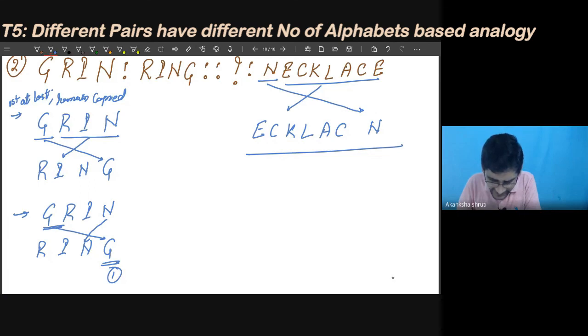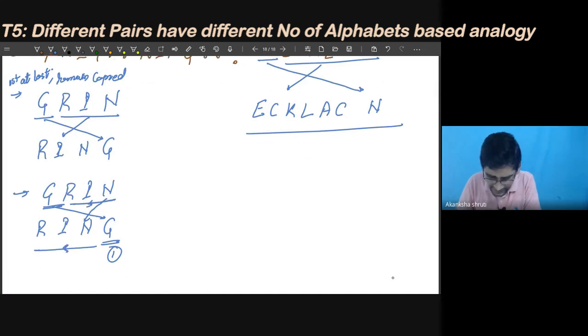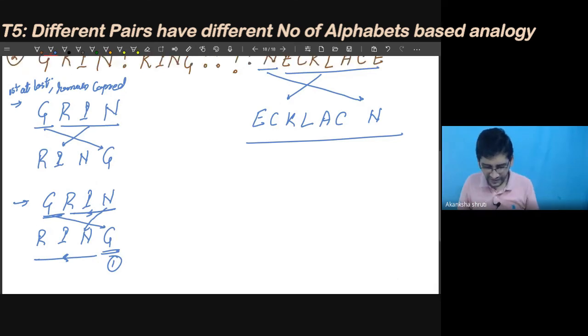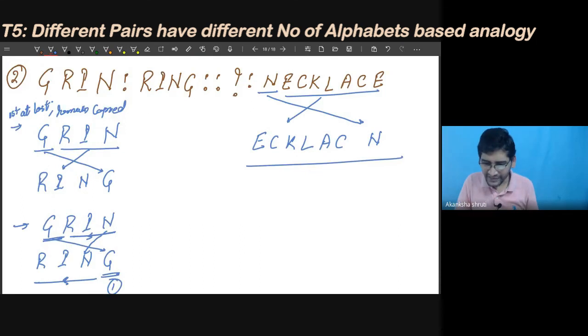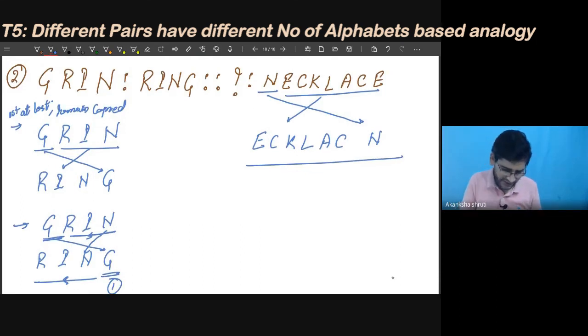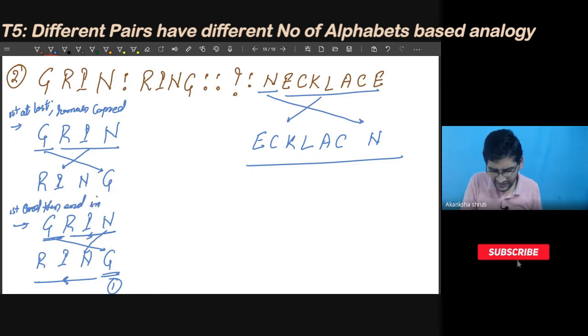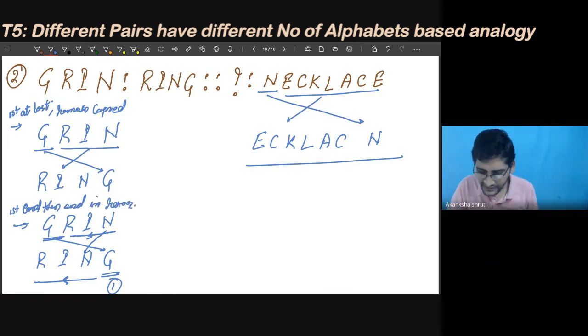But the next set in reverse fashion we may write, starting from this G. Then means the N, then I, then R. If we are applying this, are we getting the same answer or different? That you also need to check. Means first go to end in reverse order. See, let us apply this.